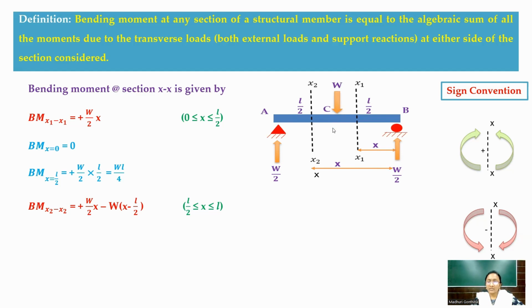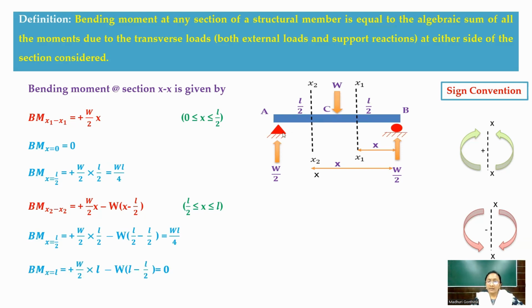Towards the section, if it is in the clockwise direction on your right hand side, it is a negative value. Therefore, it is minus W into the distance, which is X minus L by 2, and this is from the limit of L by 2 to L. When you substitute X equal to L by 2, the bending moment at C will be WL by 4, whereas at X equal to L, that is at A, the bending moment is 0.